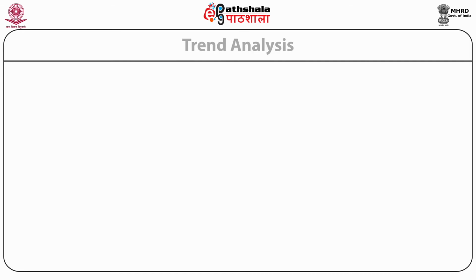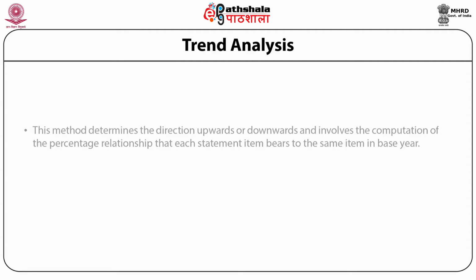Generally, the first year is taken as the base year and figures of the base year are usually taken as 100, and trend ratios for other years are calculated on the basis of the base year. Care is required to be taken by the analyst while interpreting trend analysis, as a mere increase or decrease in trend percentage may give misleading results.